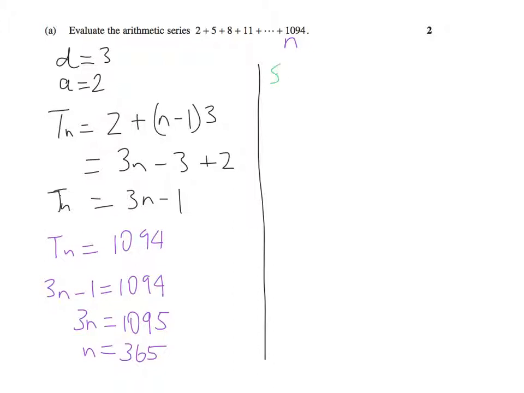We can use Sn, the sum of, in this case n is 365 terms. So 365 on 2 outside of the first term plus the last term.